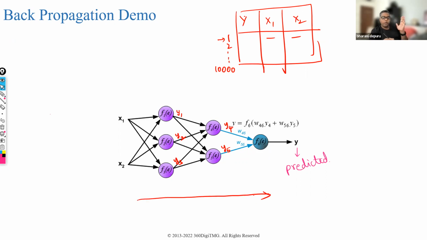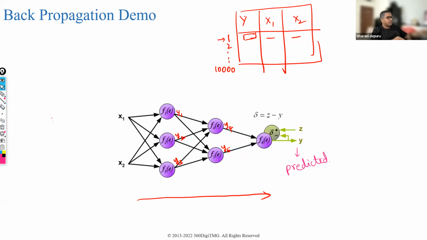You've done a forward pass, and then you got a predicted value. Now take the actual value and see whether the predicted value and actual value are the same or not. If they are not the same, subtract them. So you're saying actual value minus predicted value.